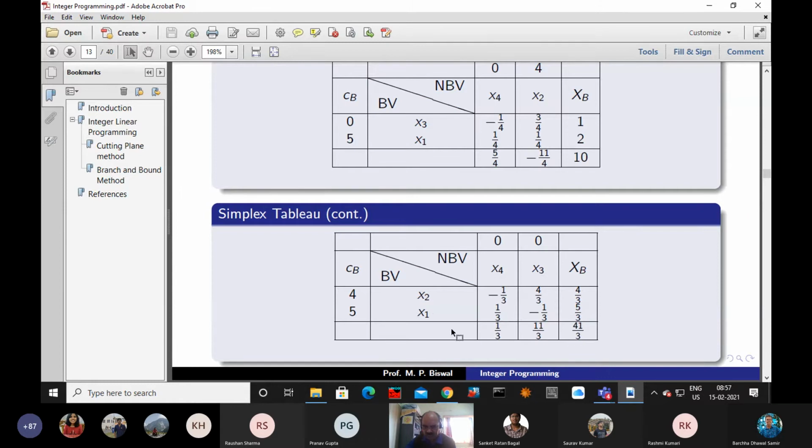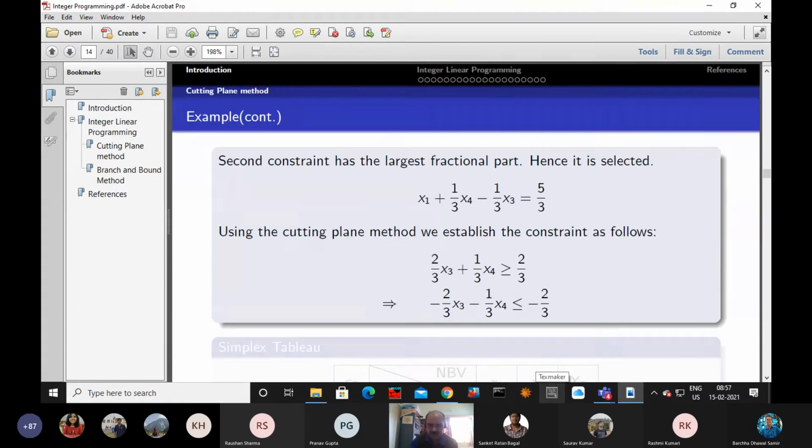I am repeating: x1 plus 1/3 into x4 minus 1/3 into x3 equal to 5/3.